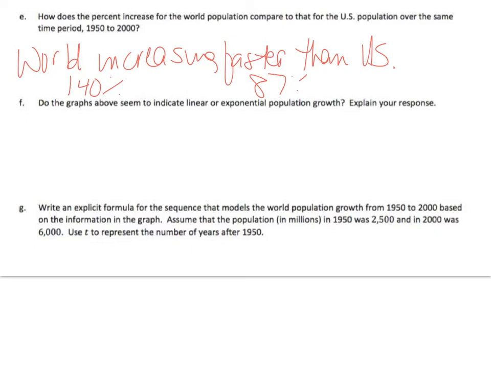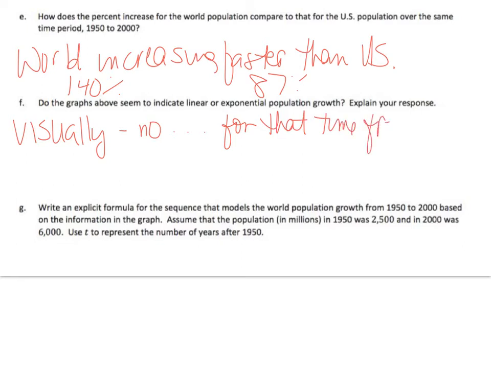Do the graphs above seem to indicate linear or exponential population growth? Just looking at the graphs visually, for that time frame, it appears linear.